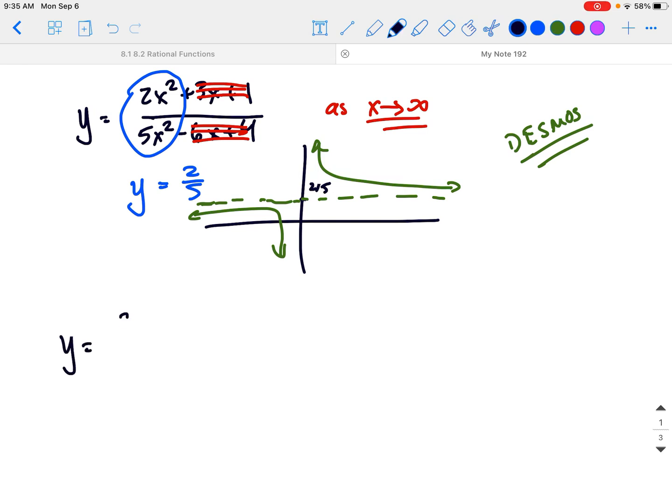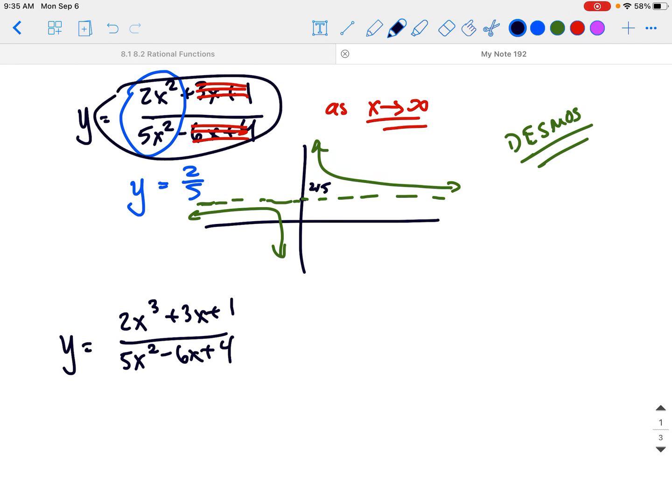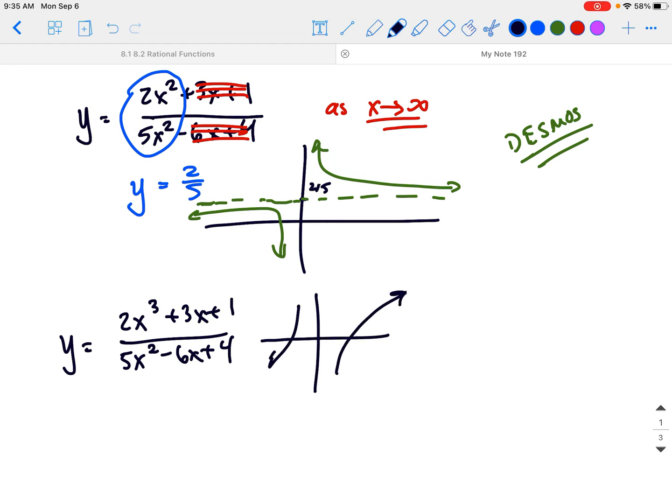What we'll note is from our previous examples, so if I had 2x cubed plus 3x plus 1 over 5x squared minus 6x plus 4, so that first expression up here, but just making the numerator larger degree, then the difference there is that the function is now going to be approaching positive or negative infinity as we go to the right or left. So note, we're looking at the extreme right or the extreme left of our graph. We're not discussing vertical asymptotes.